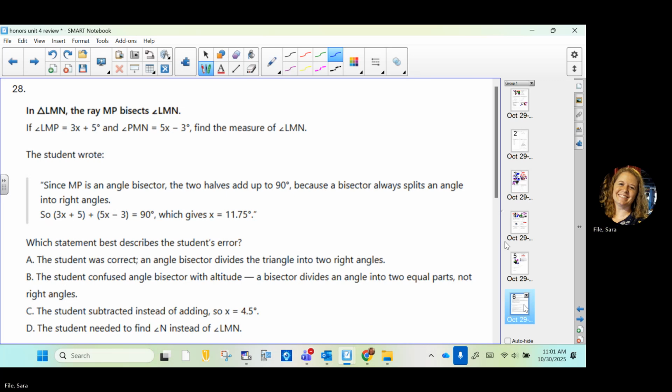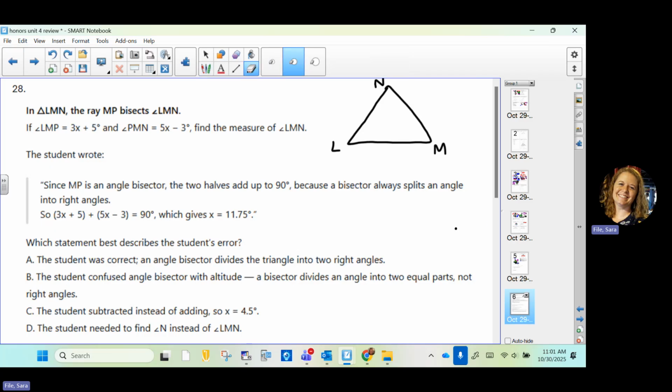Okay. So I'm going to draw a triangle LMN so I can label things that they tell me. So it says in triangle LMN, and it doesn't matter which you label. I could have done L at the top, it doesn't matter. And it's not going to be drawn to scale. So we just draw our triangle.